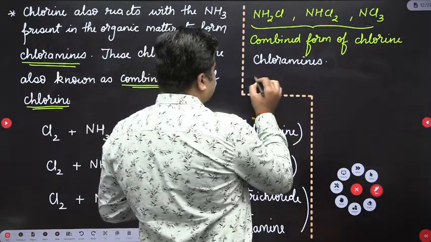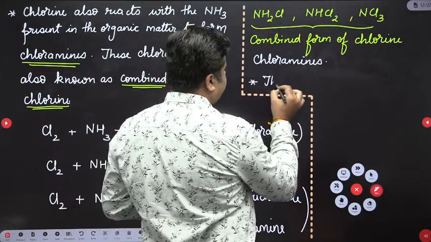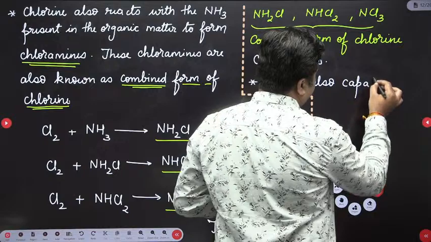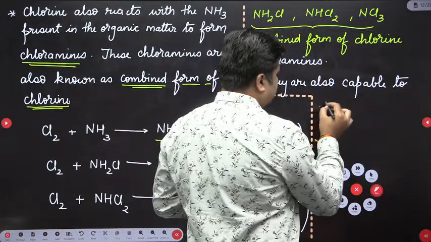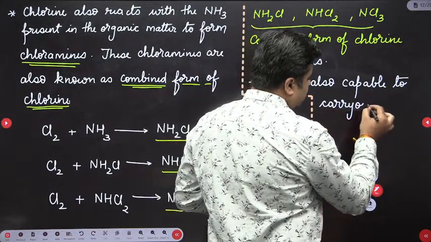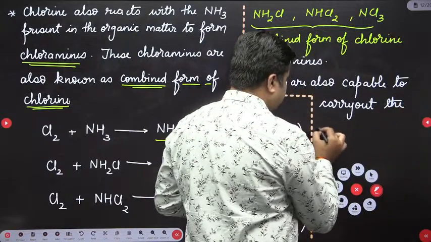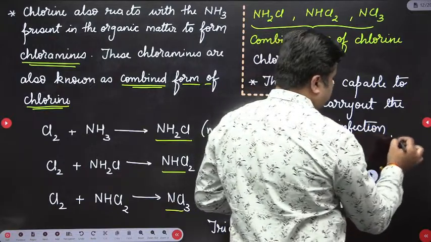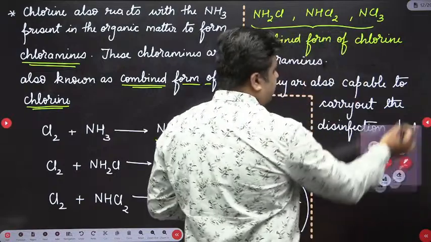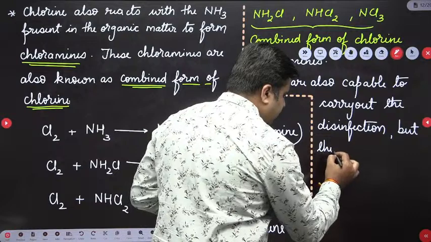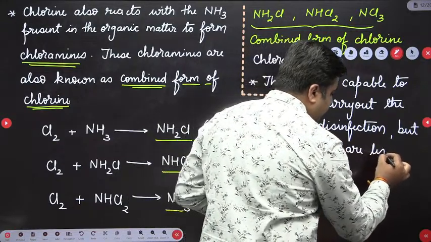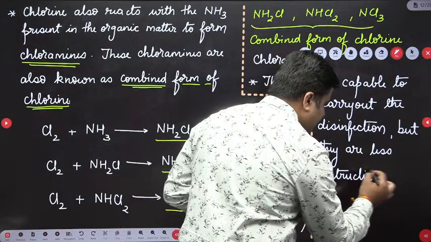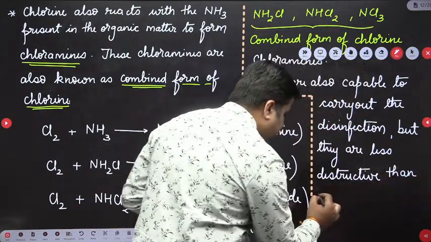So these chloramines are also capable of carrying out the disinfection, but they are less destructive than freely available forms of chlorine.